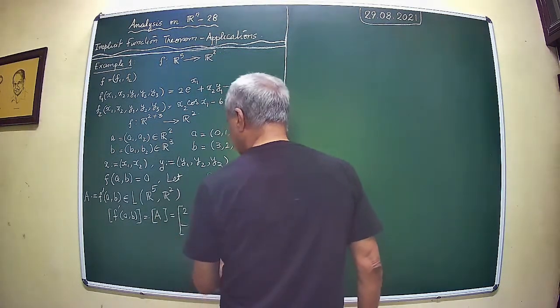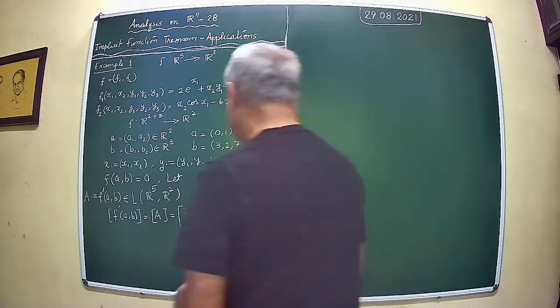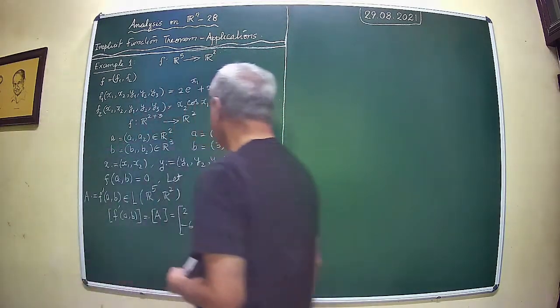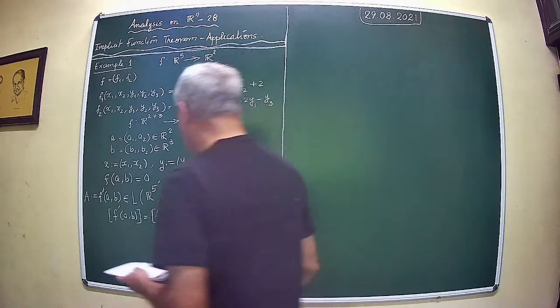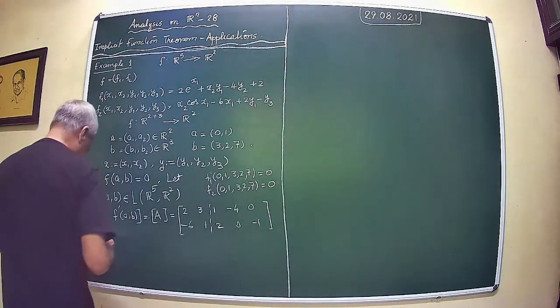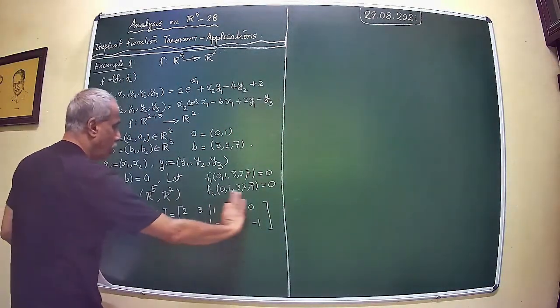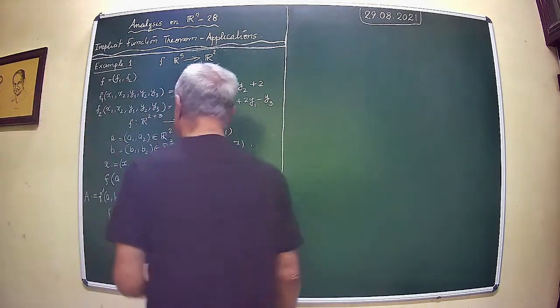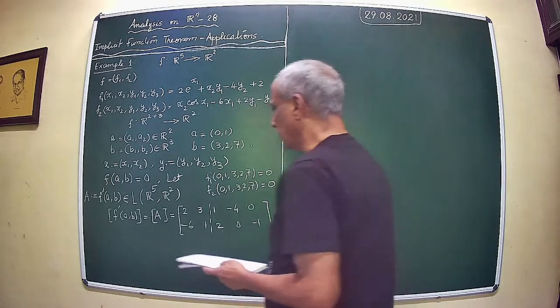So just verify that this is true. Now I can just put a dash here to break it up. This is with respect to the ordered basis, the usual standard basis that you use for R5 and R2.